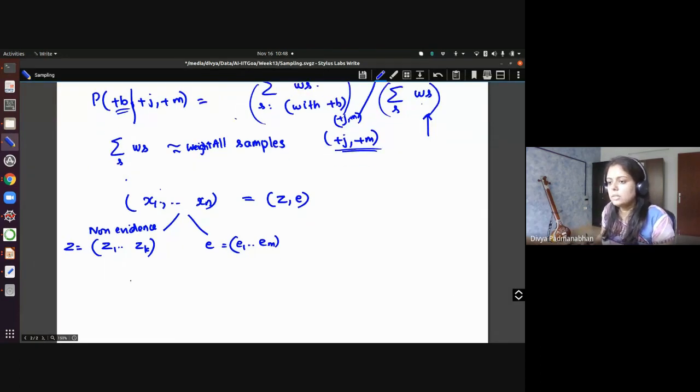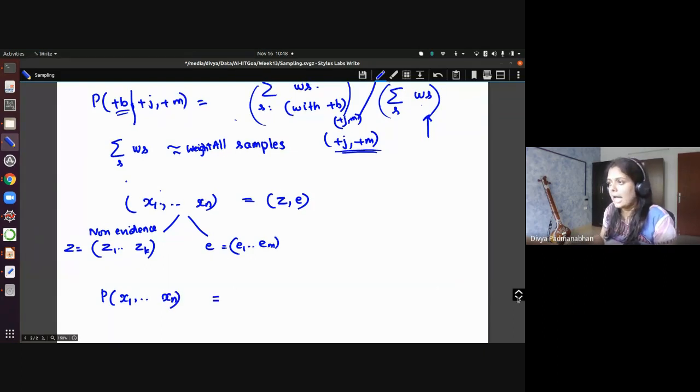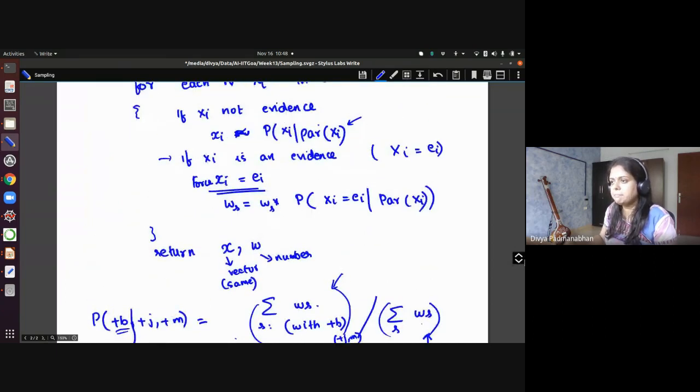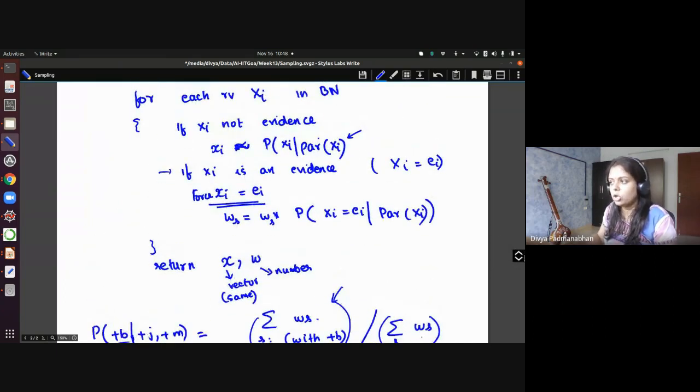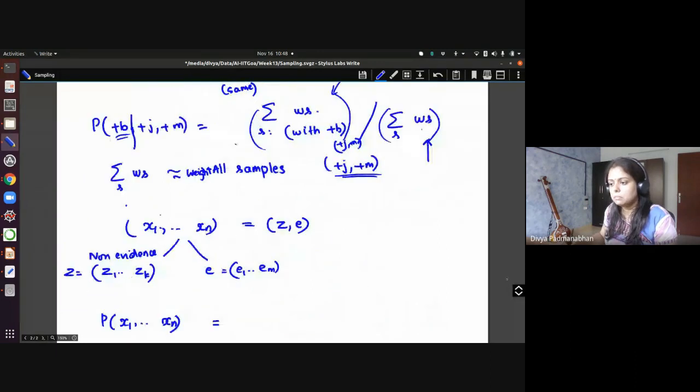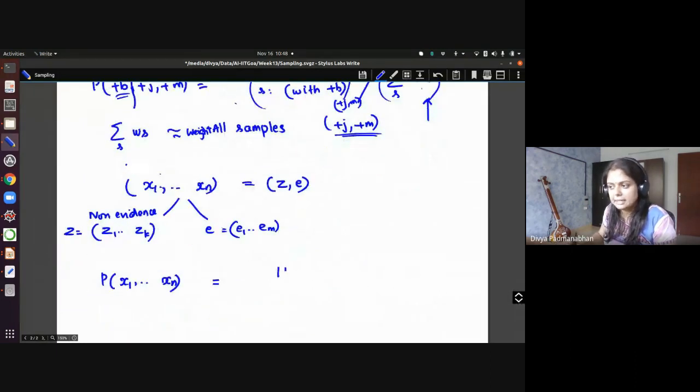Now what we are asking is: what is the probability of this sample being generated? For the Z's, it is exactly going to be the product of probability of Zi given parents of Zi, for i equals 1 to k.